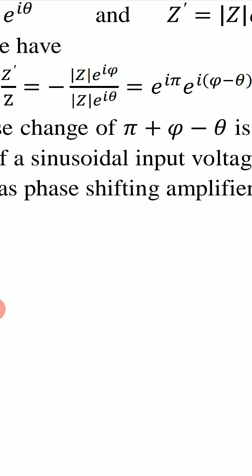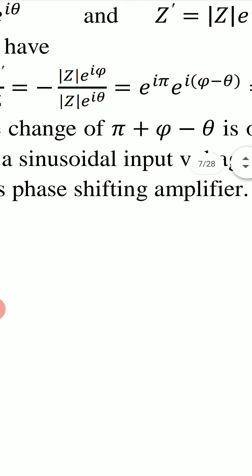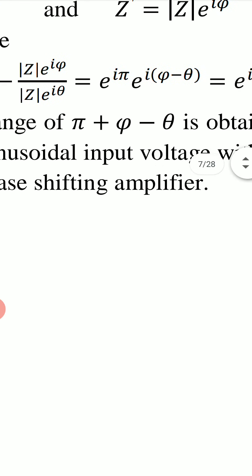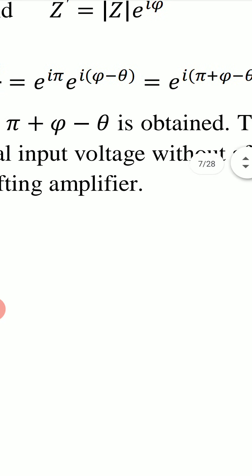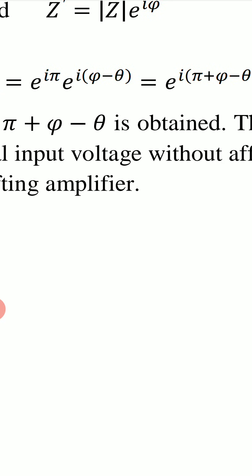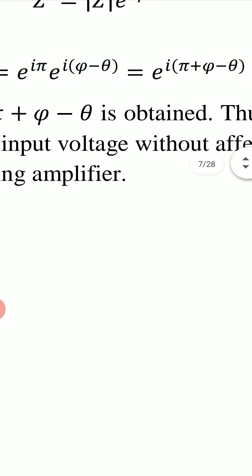So e to the power i pi is cos pi plus i sin pi. Sin pi is 0 and cos pi is minus 1. So for minus 1 we can write e to the power i pi, and remaining ratio of e to the power i phi and e to the power i theta is e to the power i phi minus theta. So this ratio now comes out to be e to the power i pi plus phi minus theta.